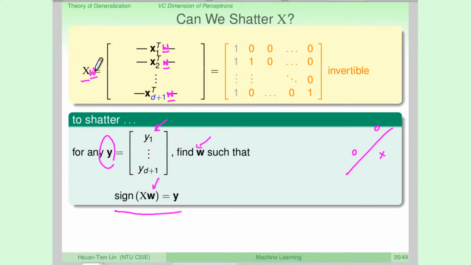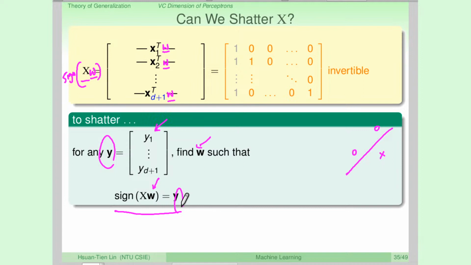So multiplying this matrix by w and taking the sign gives us the output from that hyperplane, from that perceptron. And we want, after taking the sign, the result to be equal to the y vector. That means we produce the dichotomy.